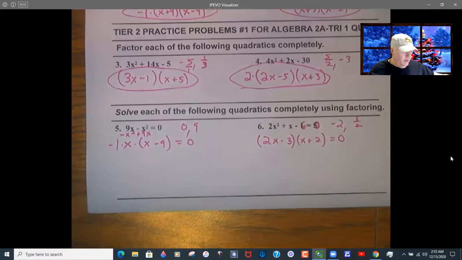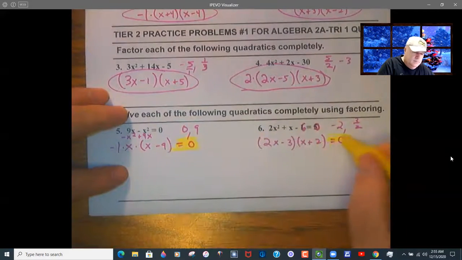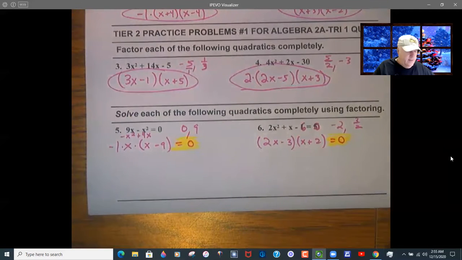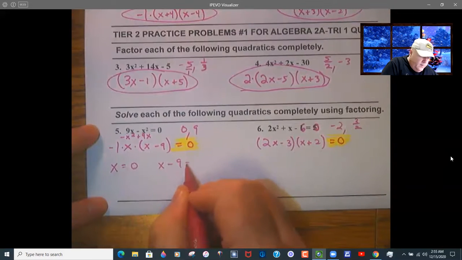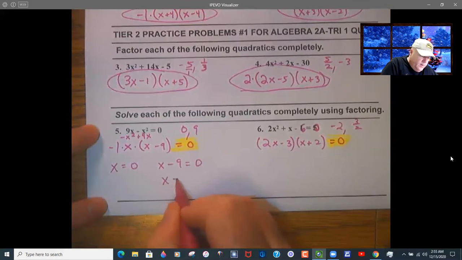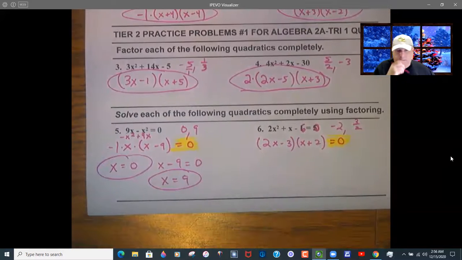So what's extra here? Well, first of all, the equal to 0 is extra. So that means we need to take each factor separately equal to 0 and solve it. Well, that one's already solved. And lo and behold, you're going to end up right back at the zeros that you started with.